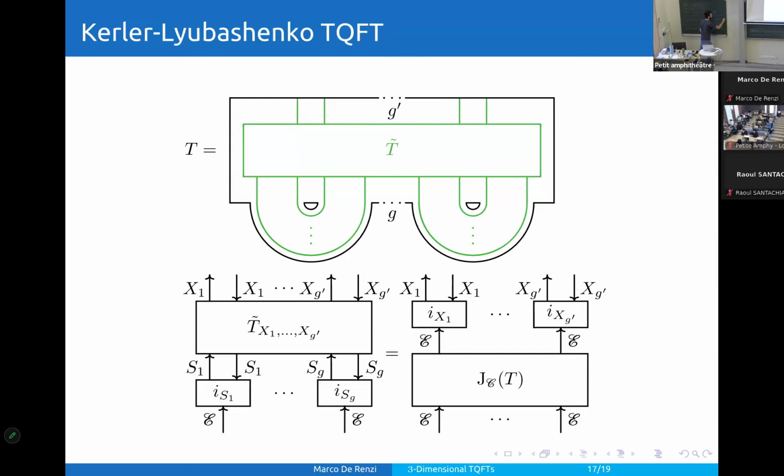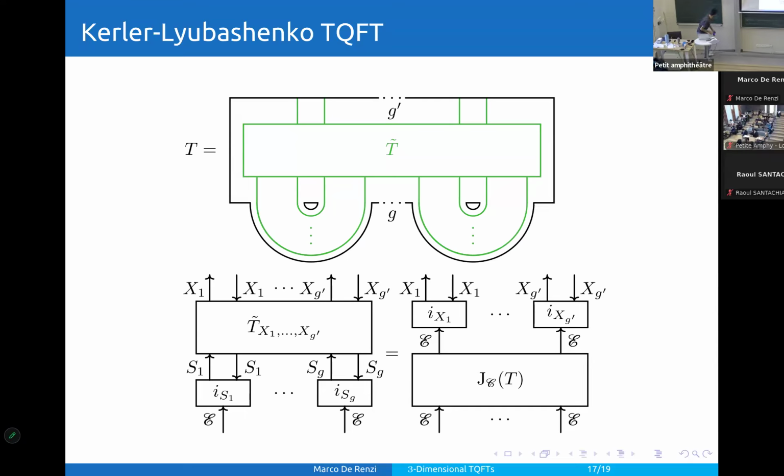A family of morphisms of this form, one for every object, is dinatural if you have that f tensor the identity of X dual, composed with the morphism attached to X, is the same as the identity of Y tensor X dual, composed with the morphism attached to Y, for every morphism f from X to Y.